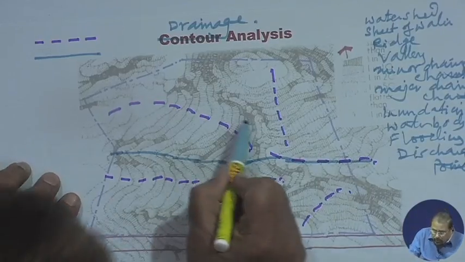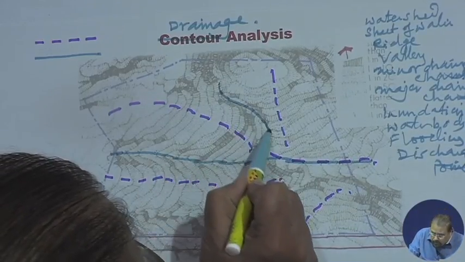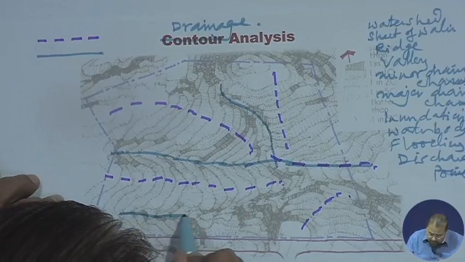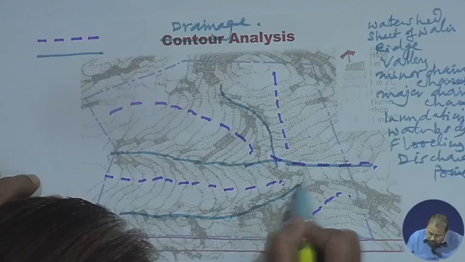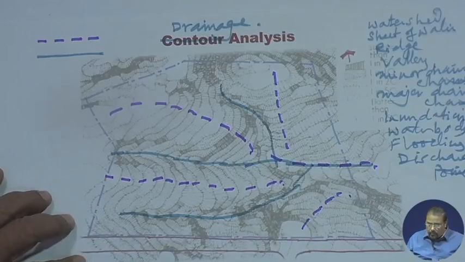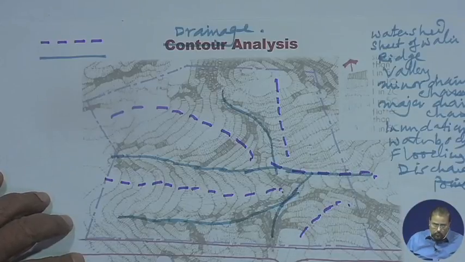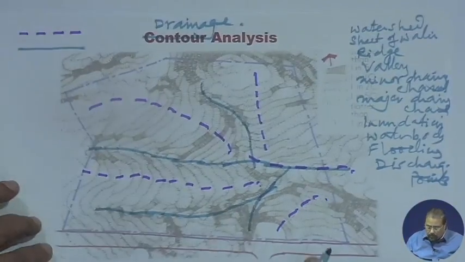Similarly, from here a line that comes like this goes to a valley. Similarly, from here the line that goes like this goes to a valley, and interestingly there is another line which will come like this as a valley, at least whatever I am seeing with respect to this drawing.